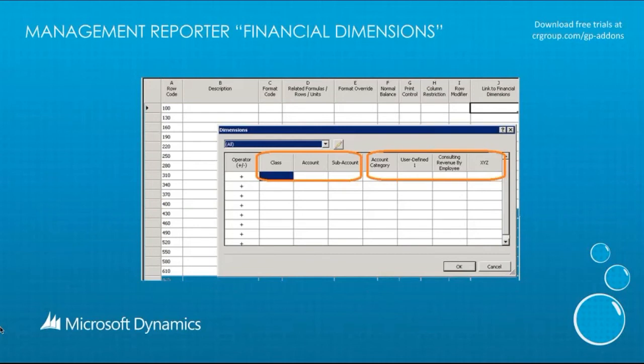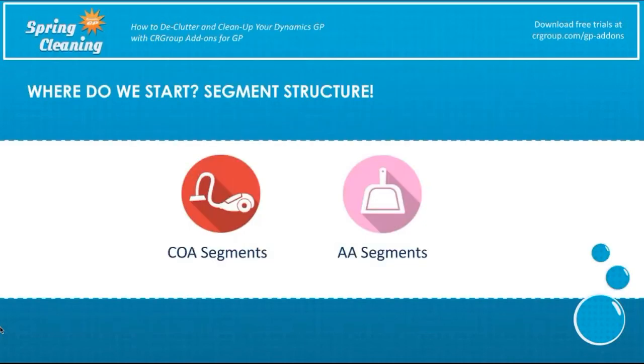That leads to the next big question: if we've thought about all the things we want to track, and we know we need to make a GL change, where should this reside? Should it sit in the COA, or in analytical accounting, or both?